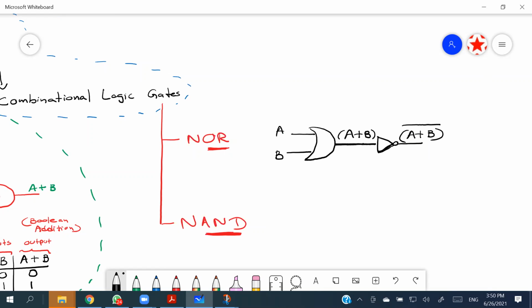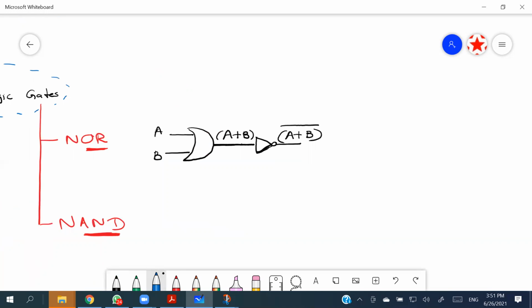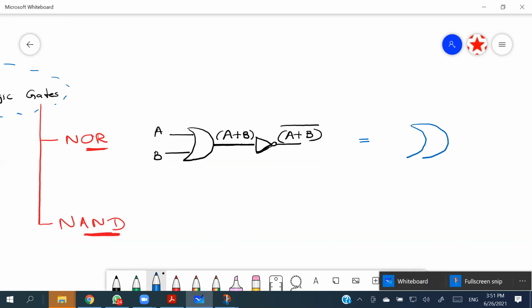Now, this is the logic behind this. So the actual symbol of the NOR gate is drawn in this particular manner. We take an OR gate, we concatenate the dot of the NOT in front of it. So this is the symbol of the NOR gate.